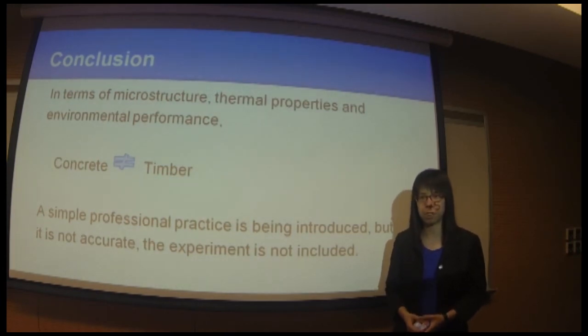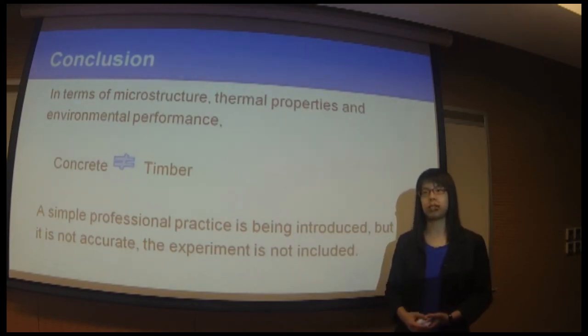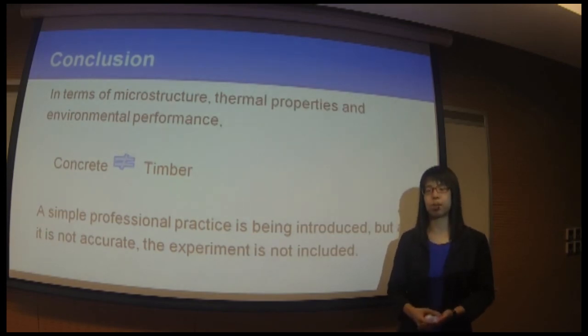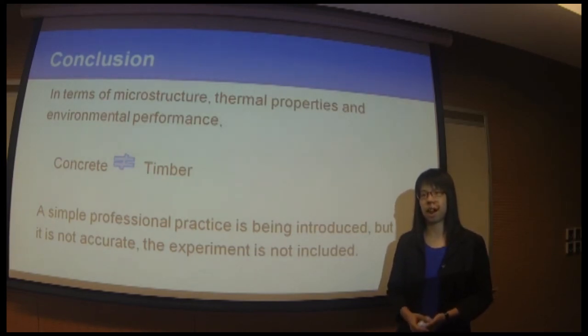For microstructural features, timber and concrete differ in terms of the equipment used for examination, the density, the components, and the function of water. For environmental performance, the two materials differ in terms of the economic cost, the time of destruction, the process of deterioration, and the nature of prevention.